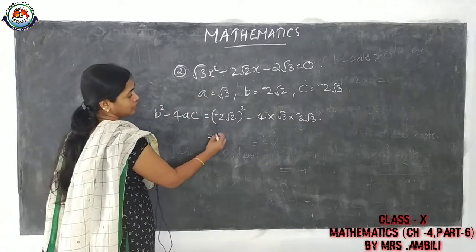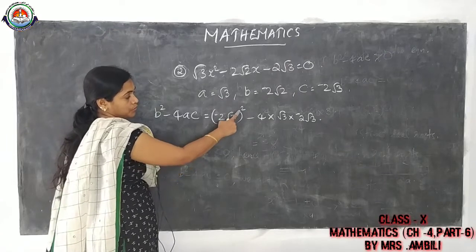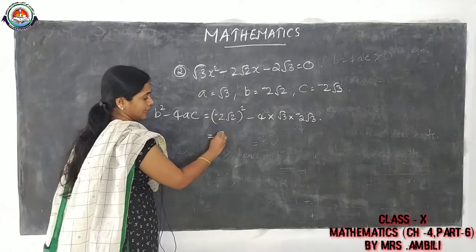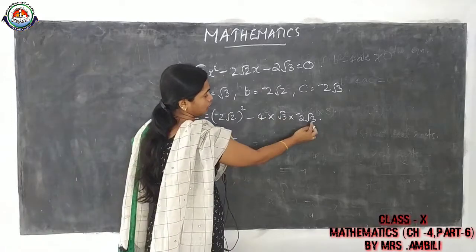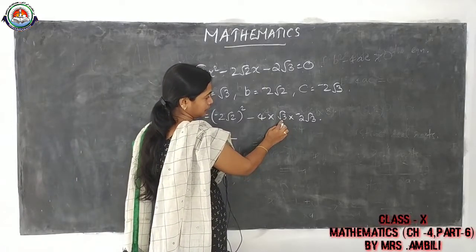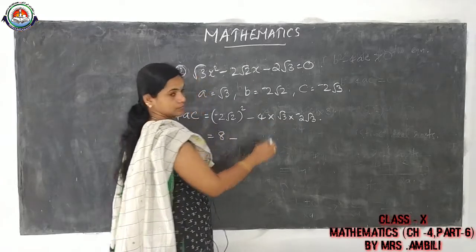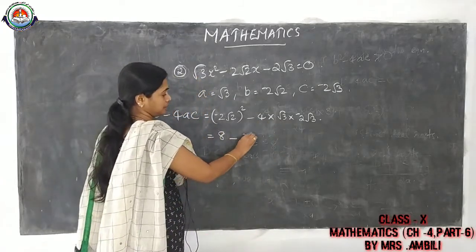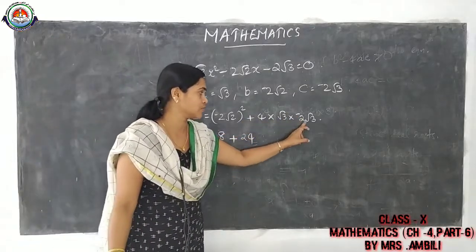Then what is 2 square? 4. Okay. Then root 2 square, 2. 2 into 4, 8. 8 minus, here root 3 into root 3, 3. 2 into 3, 6. 6 into 4, 24, plus 24, because here we have minus 2 root 3.